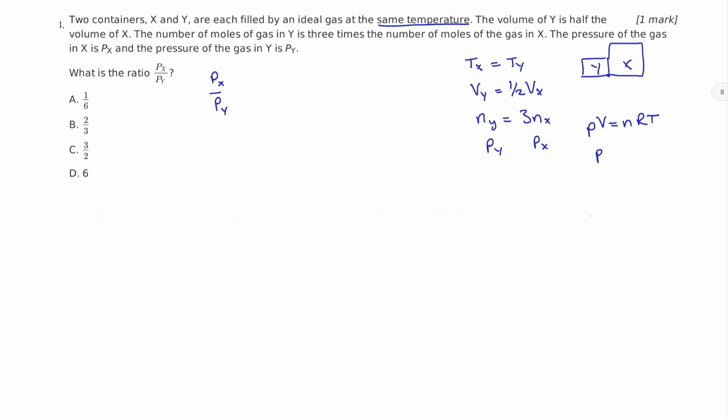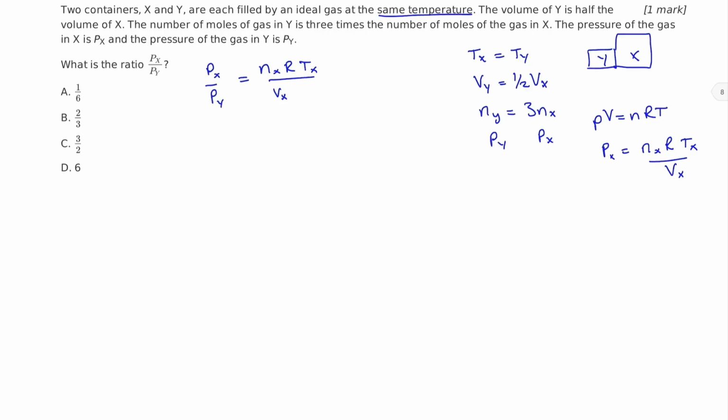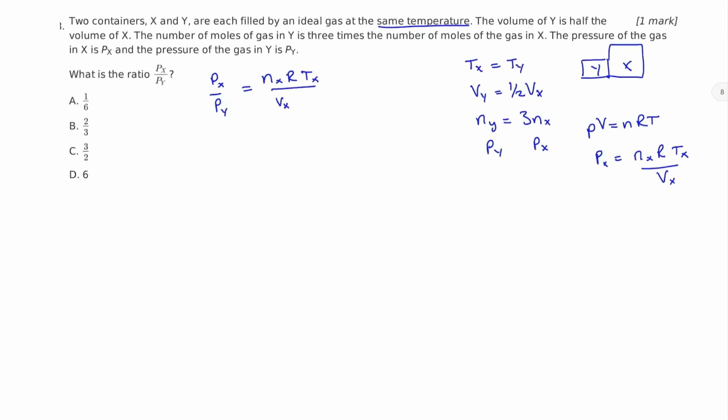So an expression for Px would be nx R Tx over Vx. So let's pop that up here. nx R Tx over Vx, over Py. So our top line of Py comes into the bottom line there. So we've got ny R Ty all over Vy, which comes up to the top line. And we have that there. So we can cancel out the R's.